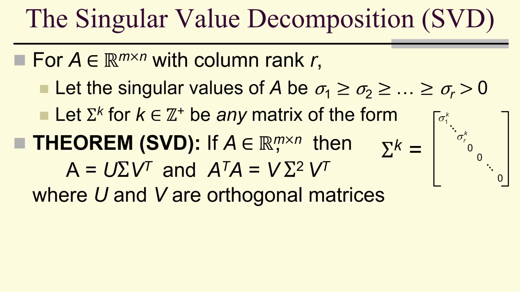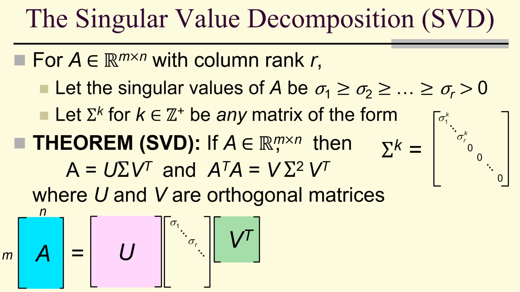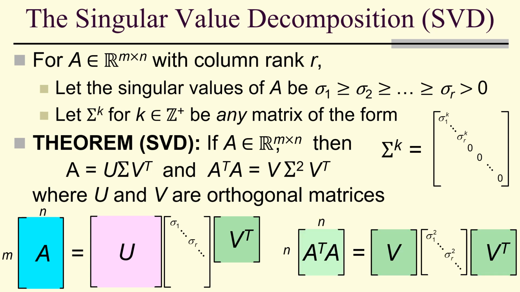Then our theorem is that if A is in R^(m by n), a possibly non-square matrix, then A is U sigma V transpose, and A transpose A is V sigma squared V transpose, where U and V are orthogonal matrices. In other words, our A looks like this, and our A transpose A looks like this. Whoa! Maybe you've never seen anything like that.